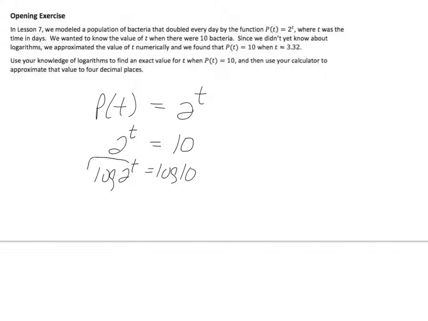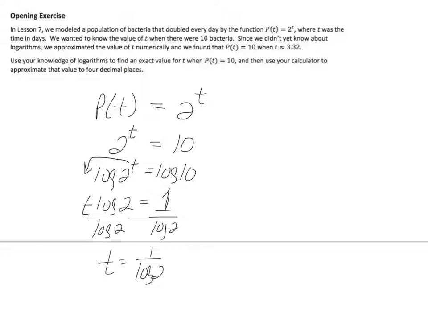We have to remember our rules for logarithms, that t can go out to the front, and the log of 10 is actually 1. Divide both sides by log base 10 of 2, and we get t equals 1 over log 2.